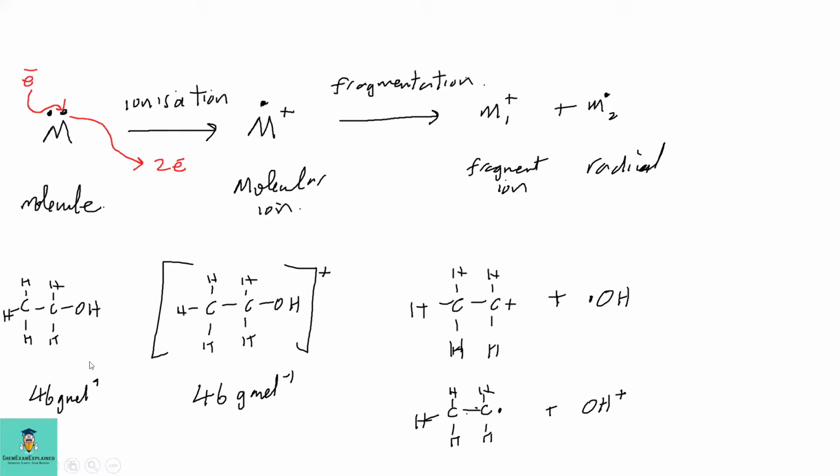So here we have ethanol. The gaseous molecule will be placed in the mass spectrometer, where it will form the molecular ion through ionization. It will then be fragmented. Now, it can be fragmented in various ways. It can be fragmented here, where this side can become the positive ion or the fragment ion, and the OH can be the radical. The machine cannot identify the radical because it is not charged.